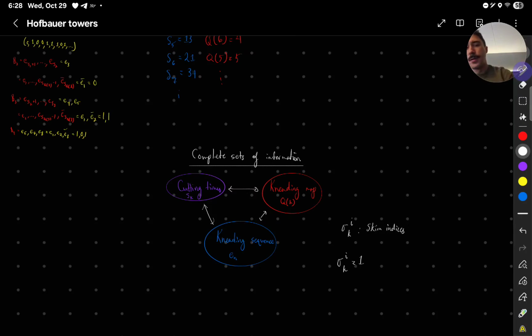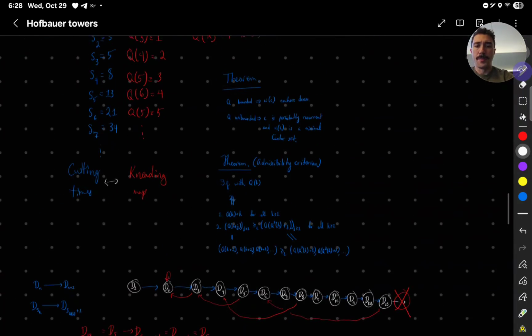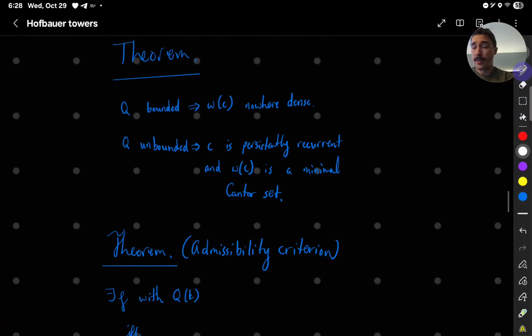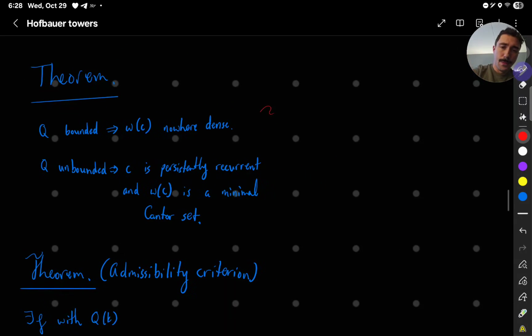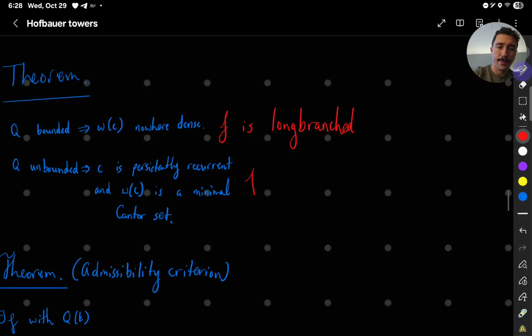Oh, another thing about the two theorems that I mentioned about boundedness and unboundedness of Q. If Q is bounded, you also have this thing where you can say F is long branched. And then if it's unbounded, you can say F is not long branched, or it's short branched.